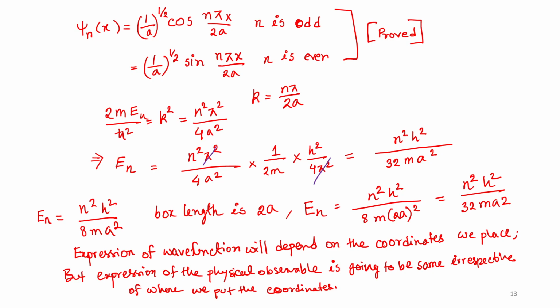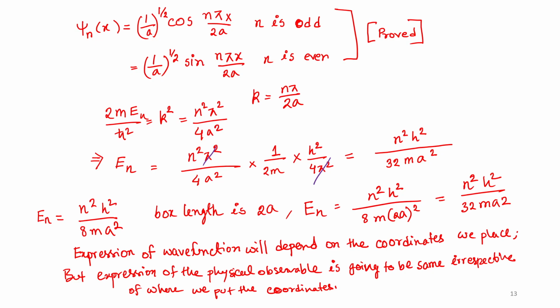Because 0 to a will make our life easier. That understanding was easier. Now as we are much more confident about the Schrodinger equation, we can play around with the coordinates and see what the possibilities are, right? So this is a very good problem in that sense, that we can understand that the mathematical expression is changed for the wave function, but the information it bears.